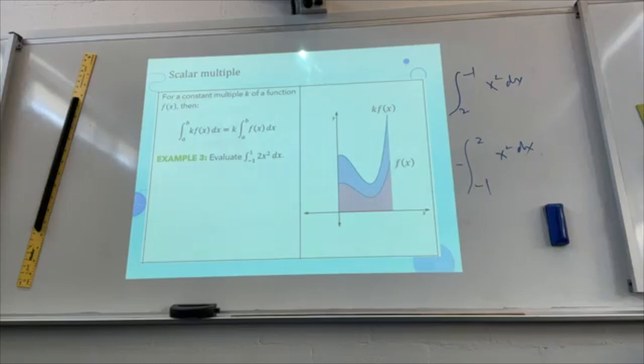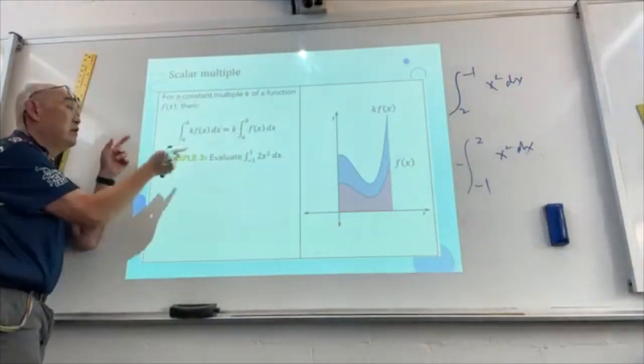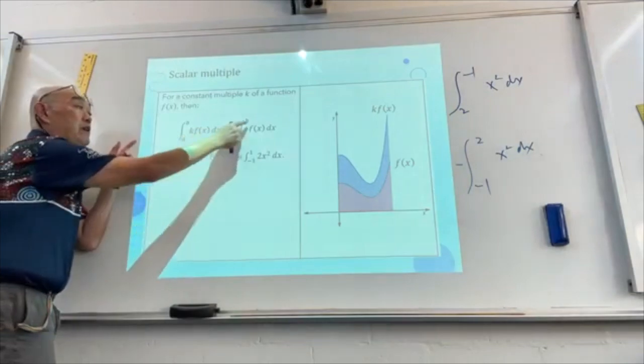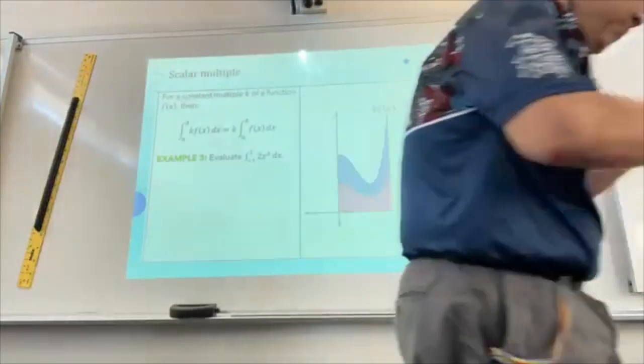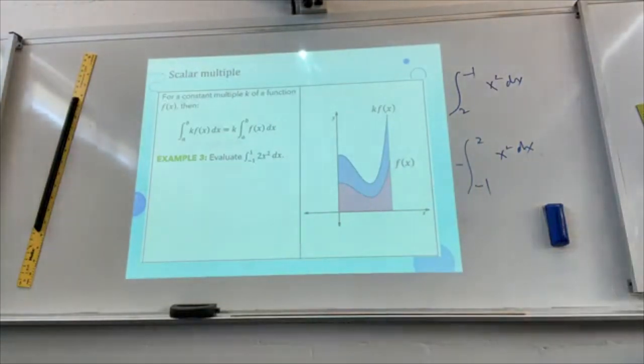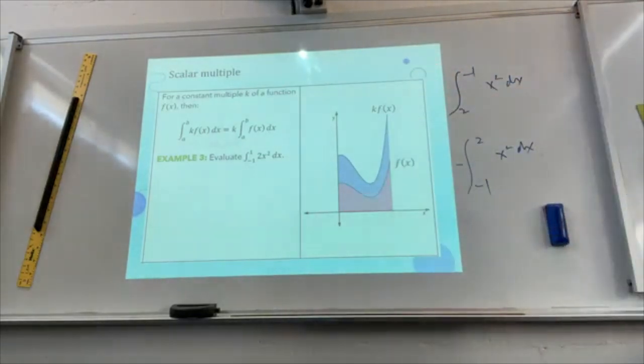So basically, you need to think about it: if you've got a multiplier, a k multiple, it could be easier to do the integration of f(x) first and then multiply k in. This comes in really useful a little bit later when we look at sine area.